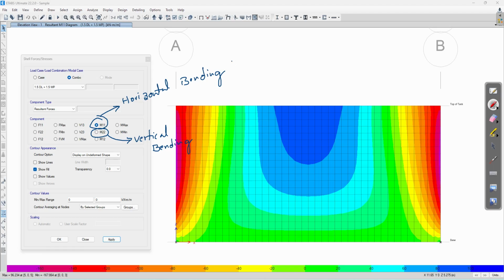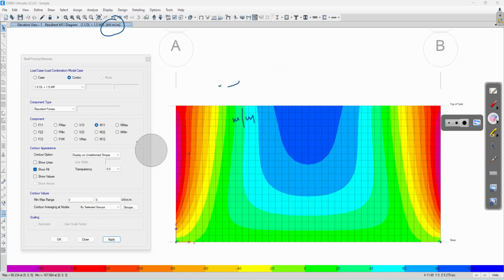The bending moment values, both horizontal and vertical bending, are given in units of kilonewton meter per meter. So these are the bending moment values per meter width. Kilonewton meter per meter. Okay.